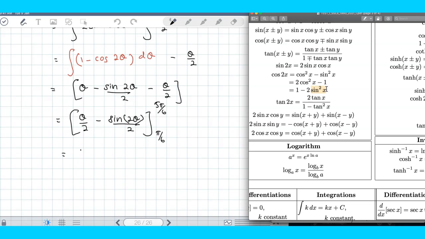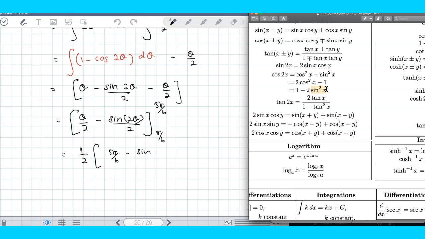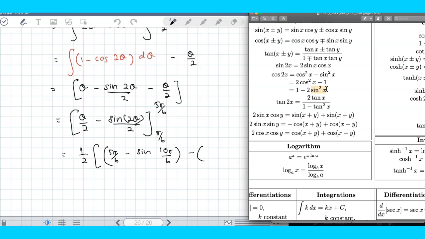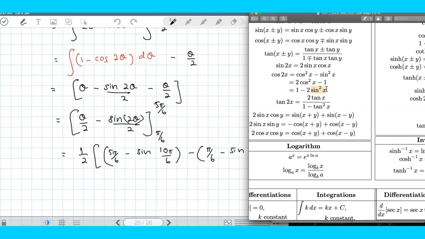Since we can take out the half, we solve for theta: 5 pi over 6 minus sine 10 pi over 6, minus pi over 6 minus sine 2 pi over 6.